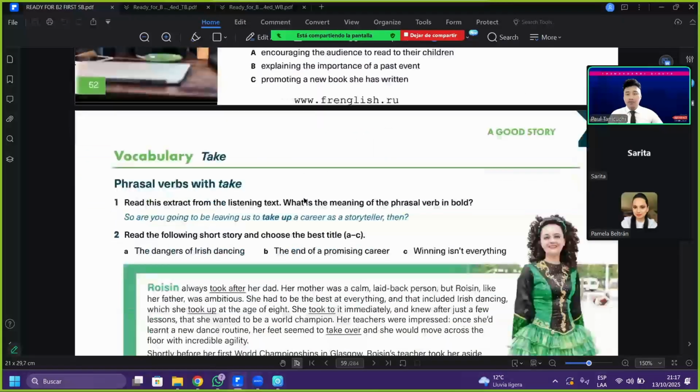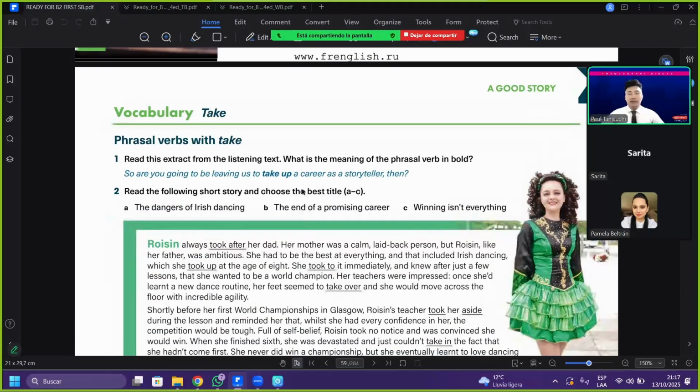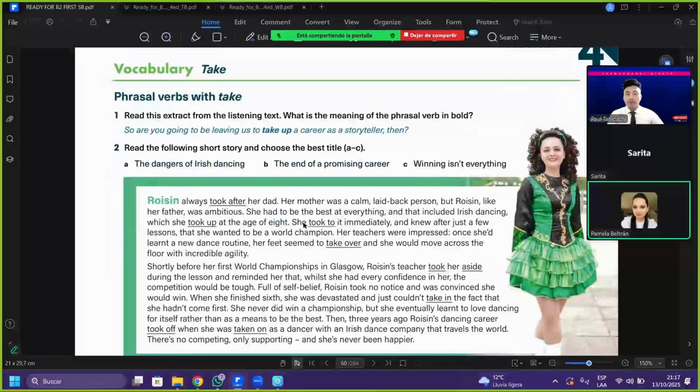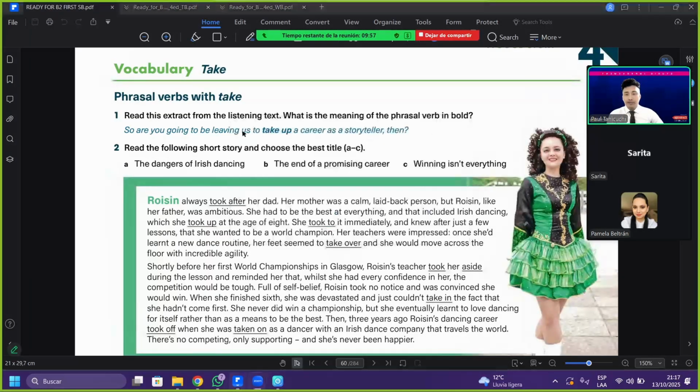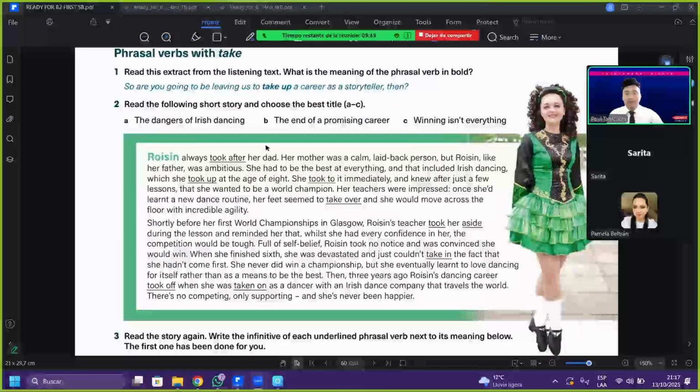So let's move on to the next part. We're going to learn some vocabulary with the verb take. It is actually phrasal verbs with take. Do you know some phrasal verbs? Do you know what a phrasal verb is, my dear Pamela?